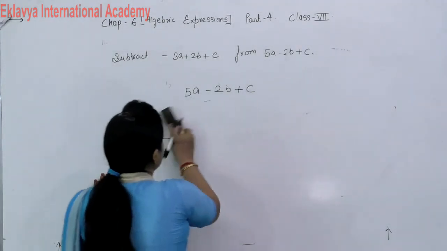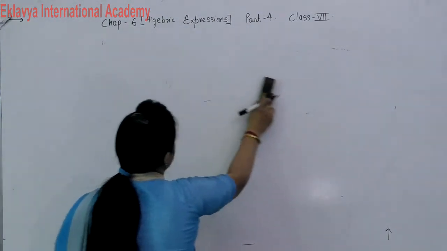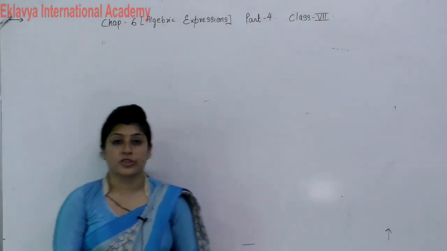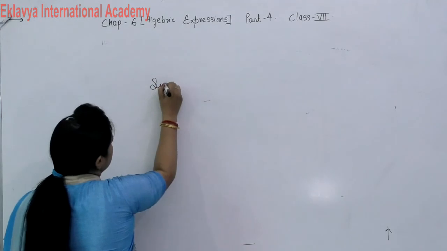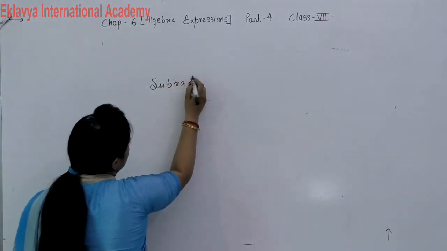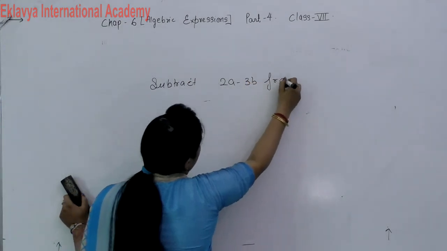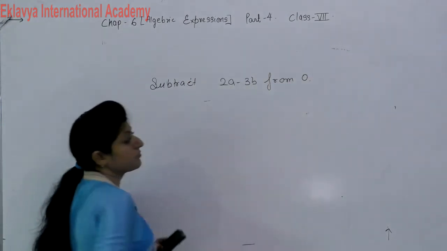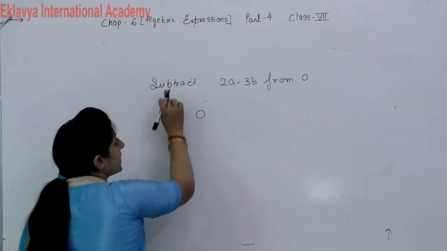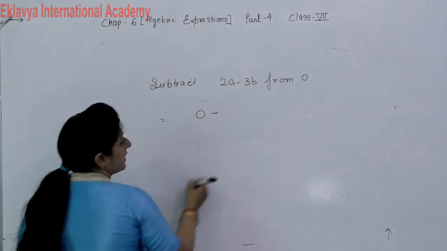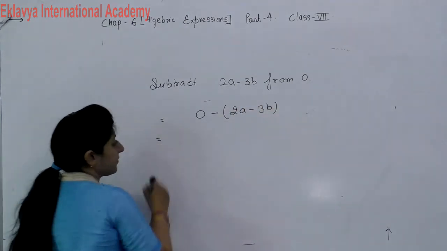So this type we will solve our subtraction type of question. Suppose I write down subtract 2a minus 3b from 0, then firstly we write down 0, then I write down the subtraction sign, then I write down in bracket 2a minus 3b.